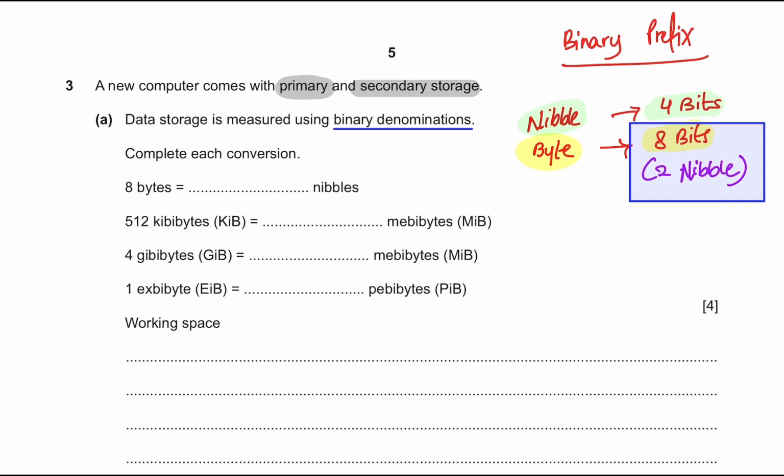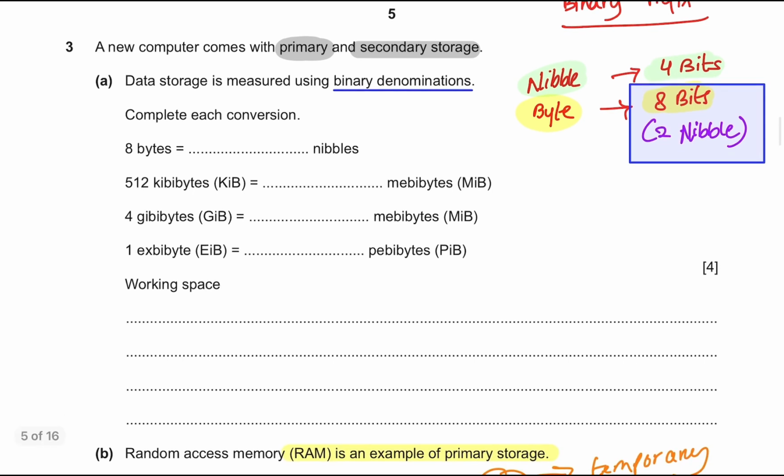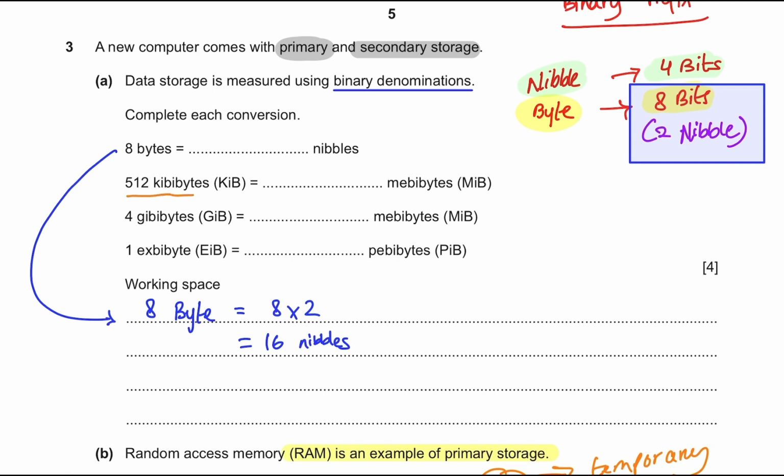Let's say for 8 bytes, to convert it into nibbles, you know that 1 byte means 2 nibbles. So 8 times 2 is 16. So in total you will have 16 nibbles. Then the second one says 512 kilobytes, and you have to convert it into megabytes.